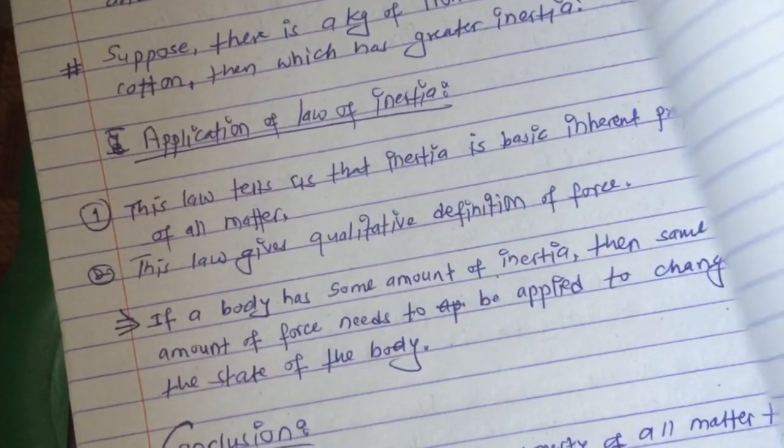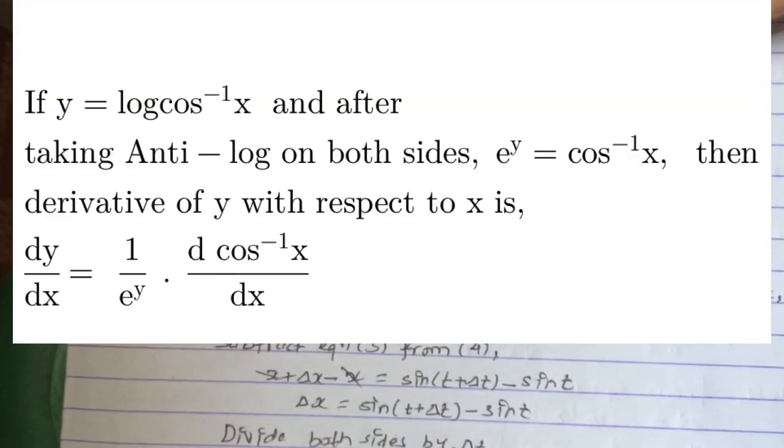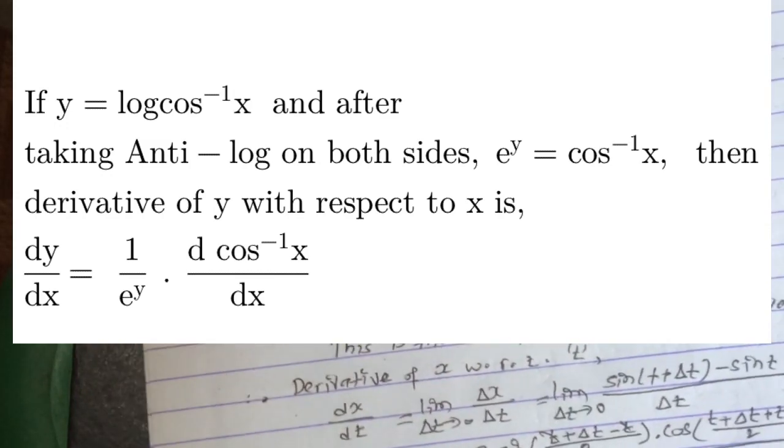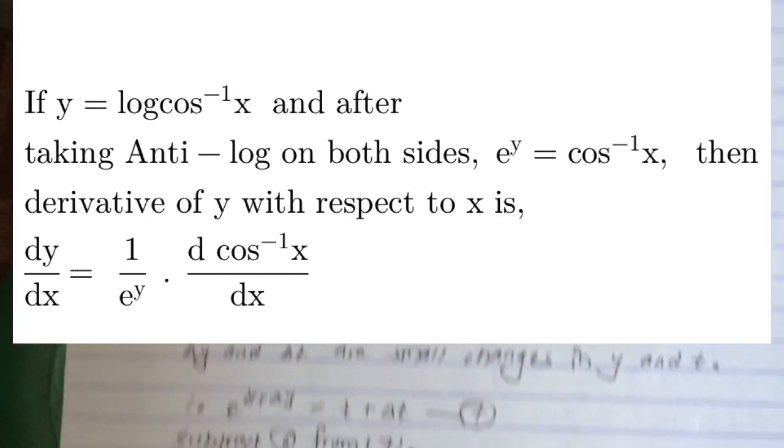To find the derivative of the function I have given you for practice, I will show you a few hints. Here the given function is log of cos inverse x, denoted by y, and after taking exponential you get exponential y is equal to cos inverse x.